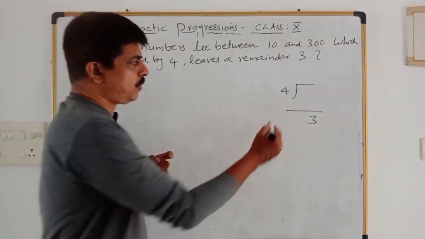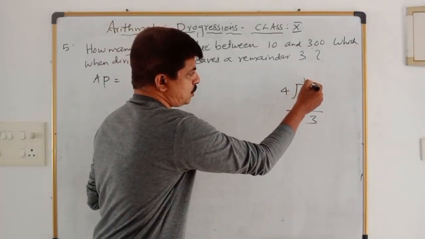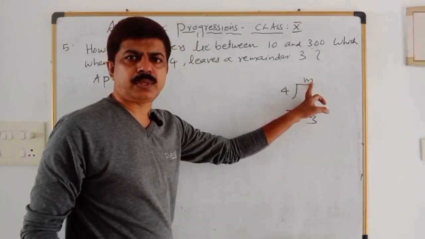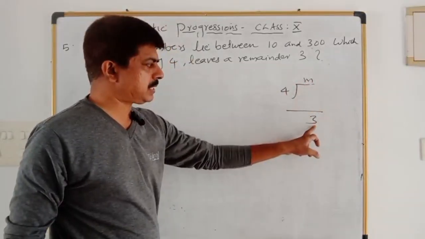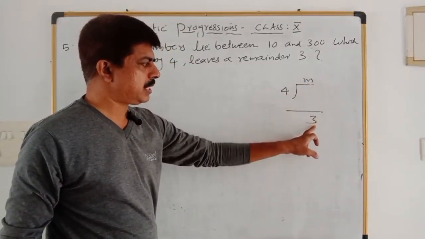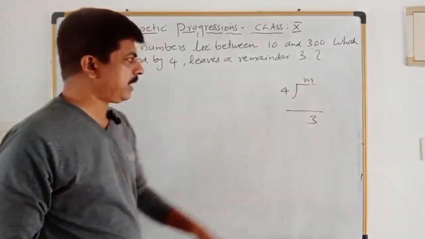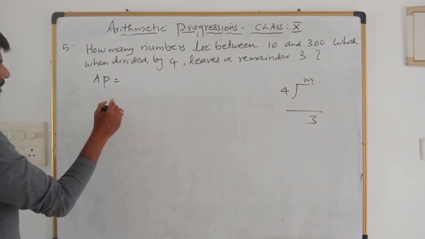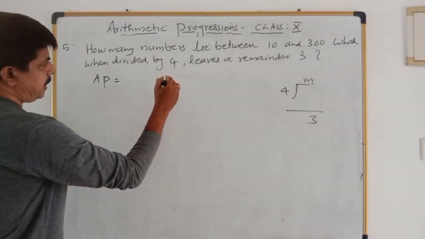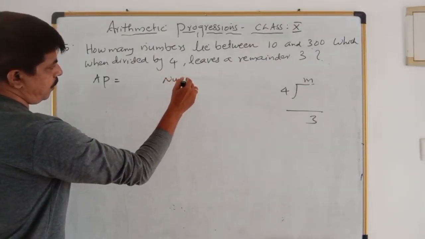We know that divisor into quotient plus remainder is the dividend. Let us put the quotient as m: 4 into m plus 3. So our general term, the number should be of the form 4m plus 3.